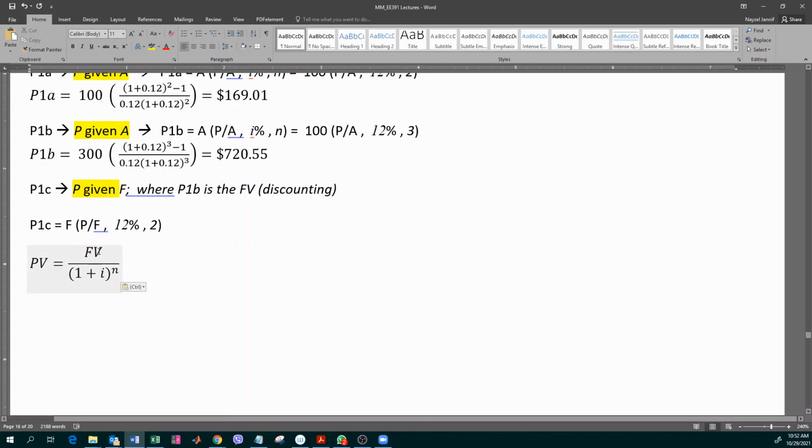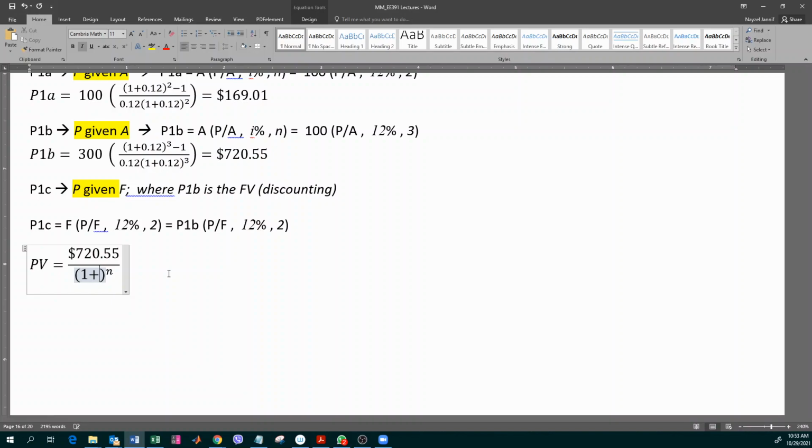So what is the future value over here? Let me just copy that just to give you an idea. The future value is P1B over here. Okay, P1B. All right, so what is our P1B over here, guys? So it was $720.55, and our interest rate is 0.12, and we discount it by 2 years, and I think some of our friends have answers.